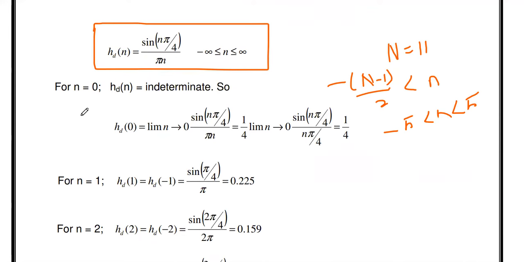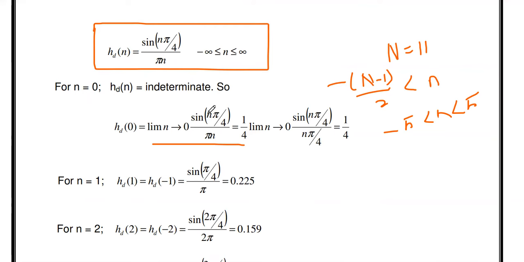First, put n equal to 0. If you substitute n equal to 0 directly in this, we get 0 by 0, which is indeterminate. So in order to solve this, we have to use one more method. Already we discussed this in the fourth year. You already know the formula: limit theta tends to 0, sine theta divided by theta is 1.